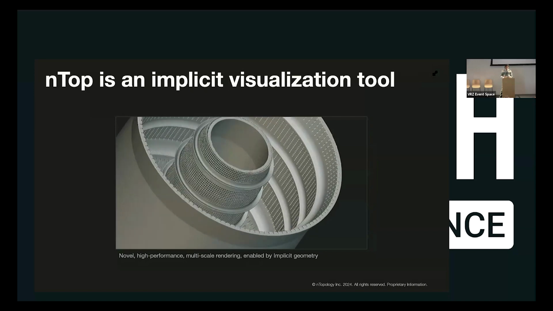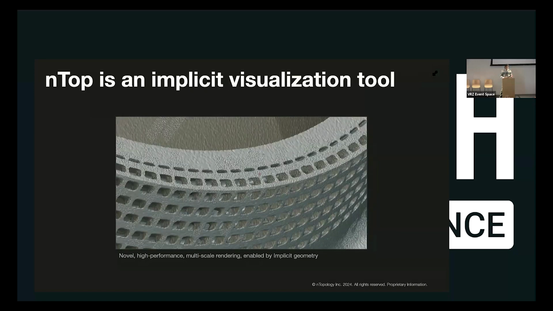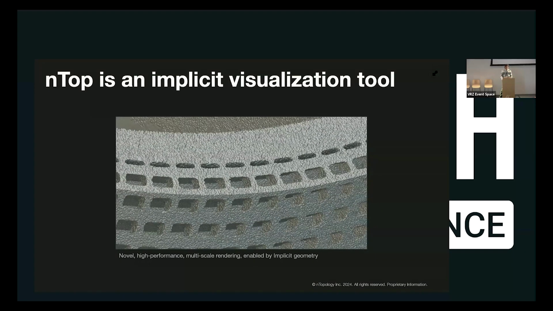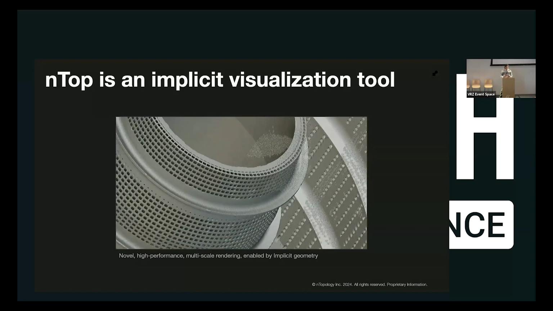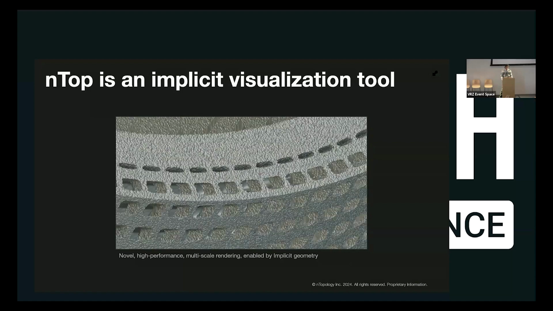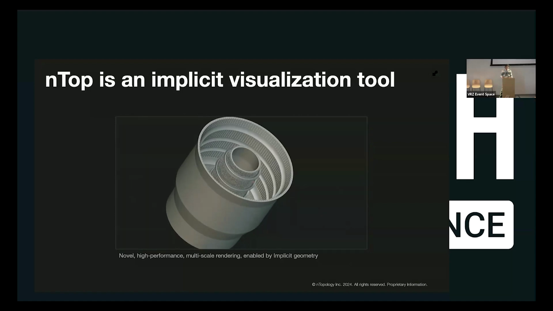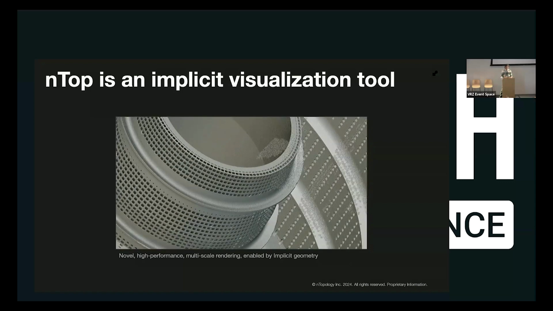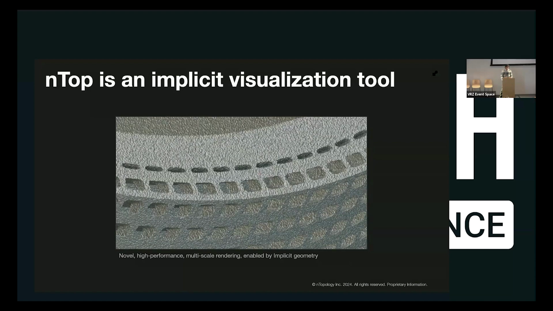There's really no discretization happening until you ask for it, until you are sending it to the machine or to the renderer. So we developed a new rendering technology to display multi-scale geometry. Rendering on the fly, you can design high complexity shapes and forms in a really lightweight way, and you can also see them when you want to. You don't have to bog down your render or your computer just to design something on the fly.